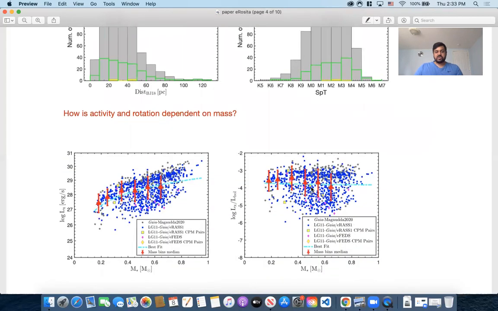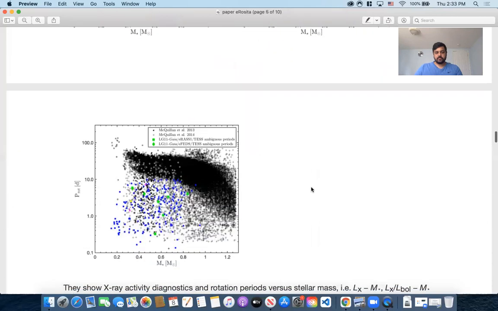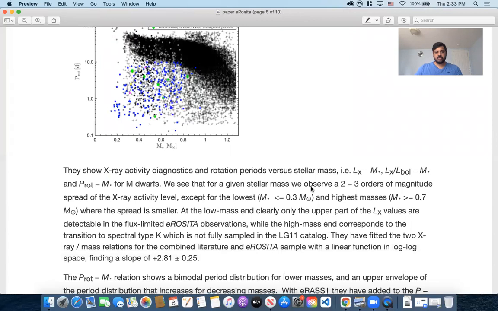How are activity and rotation dependent on mass? They show X-ray activity diagnostics and rotation periods versus stellar mass.